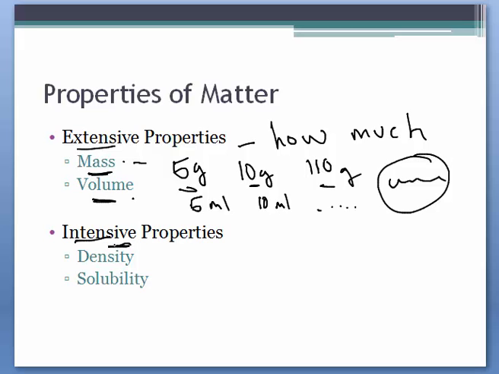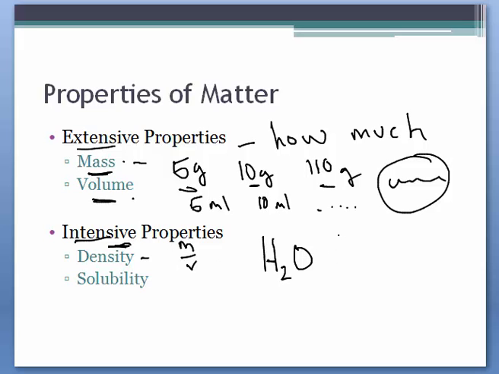Intensive properties, on the other hand, do not depend on how much is there. Intensive properties are dependent on what the actual compound is. So for example, water has a property that we refer to as density. Density is going to be equal to the mass of the substance over the volume of the substance, so it's a ratio of mass to volume.